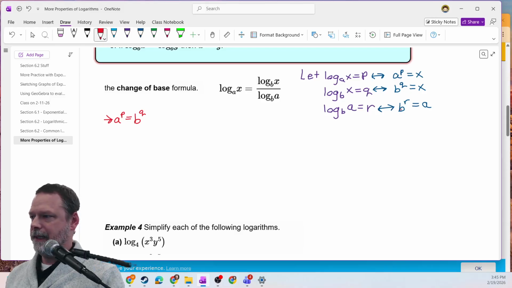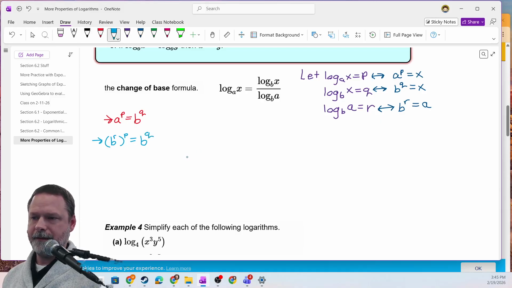And then a is the same as b to the r. So I could go further with this and say a is the same as b to the r, so I got b to the r, all to the p, equals b to the q. Beautiful.